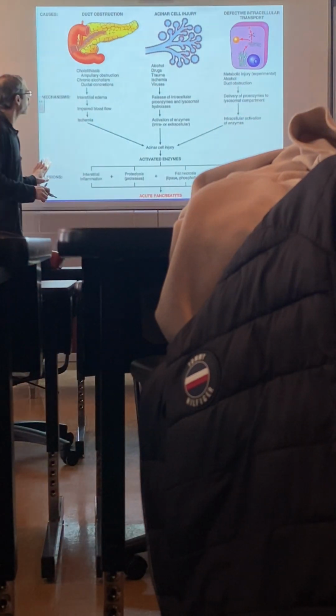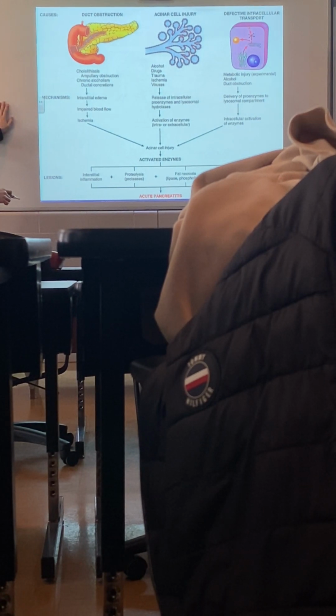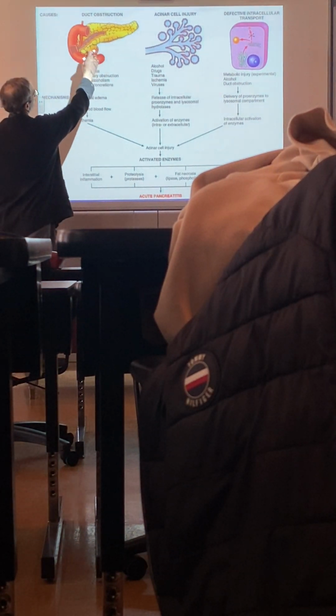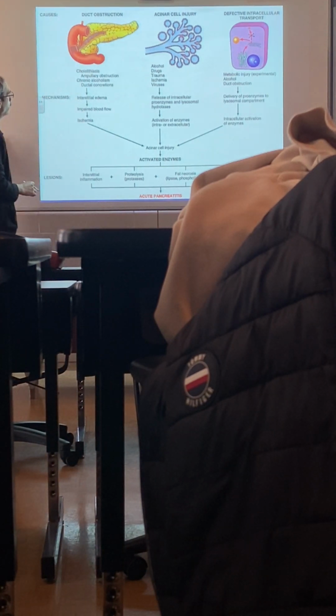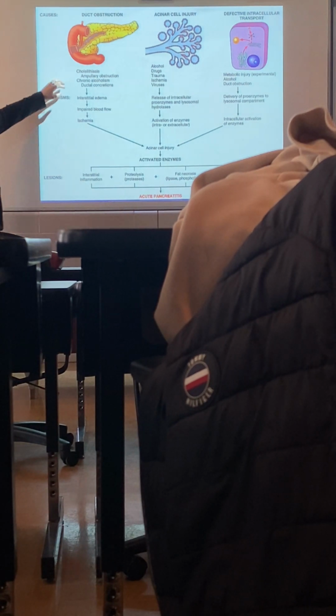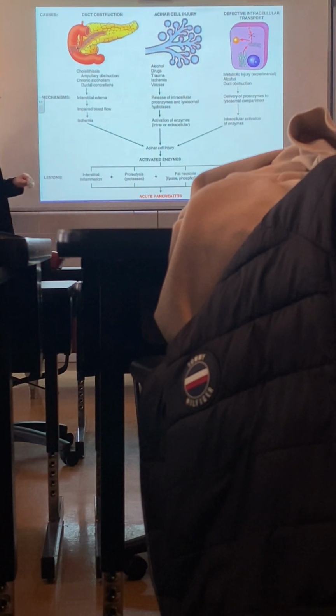So let's take a look at the duct obstruction, the easiest one to understand. So we have, again, the depiction of the pancreas here, the main pancreatic duct merging with the common bile duct going into the duodenal sweep here. Say you have some gallstones or lithiasis, usually it's gonna get caught right there at the ampulla, and it's gonna block the common bile duct as well as the main pancreatic duct at the same time.